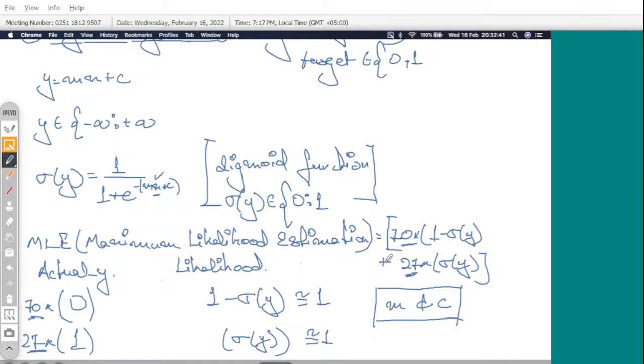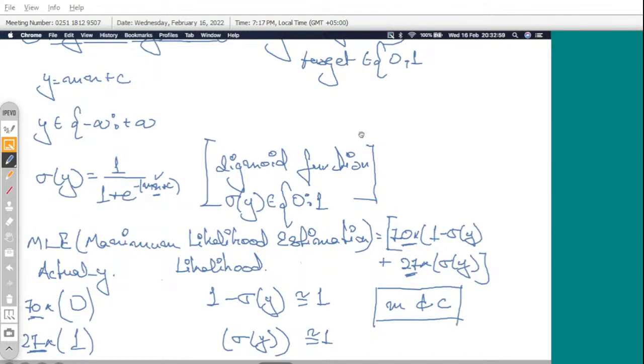Exactly. Got it? Where will we use the MLE? Awesome. Perfect. Logistic regression is clear, guys? Awesome. Let's proceed to the next one.